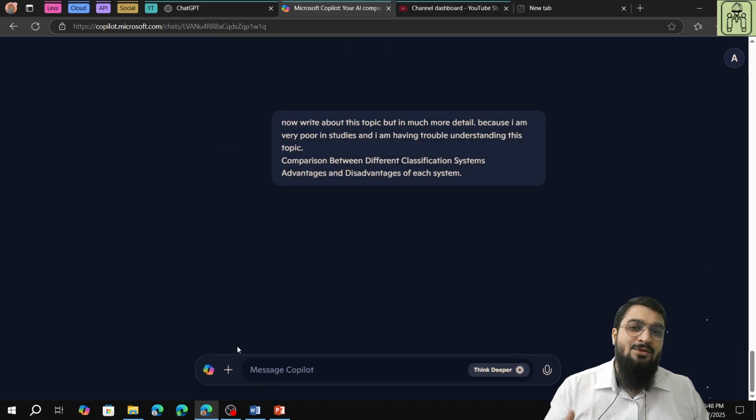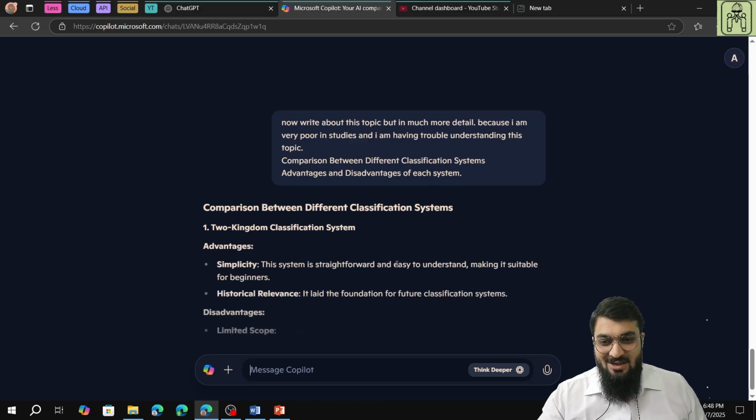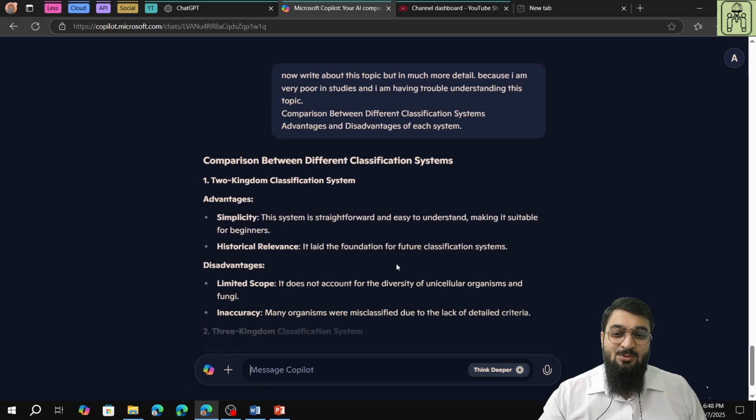Let us see if the Copilot will show some empathy towards us and try to make it much more simple.